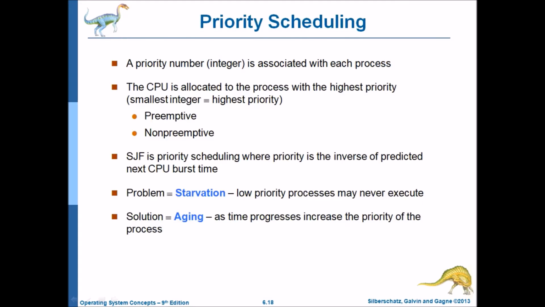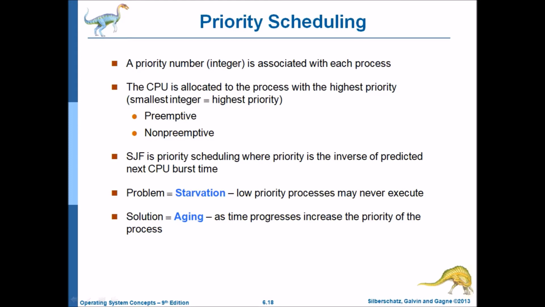So next we have priority scheduling. In this scheme, a priority number, mostly implemented using integers, is associated with each process. The CPU is allocated to the process with the highest priority. The smallest integer would be the highest priority.